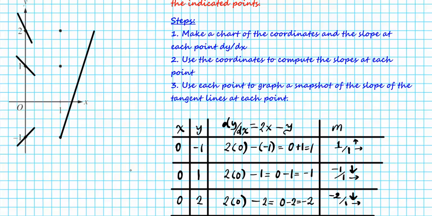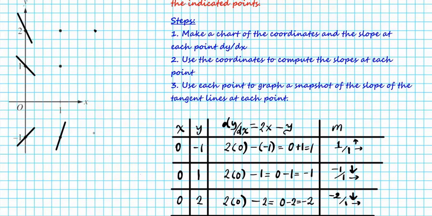You can just put a point in there on the exam sheet just to guide you, so you can just guesstimate where the point should be at, and then you just draw your line. Okay, so mine is going to be looking something like that. So it's just a snapshot, just a short little tangent line to give an indication of the pattern that the tangent line exhibits at that point.